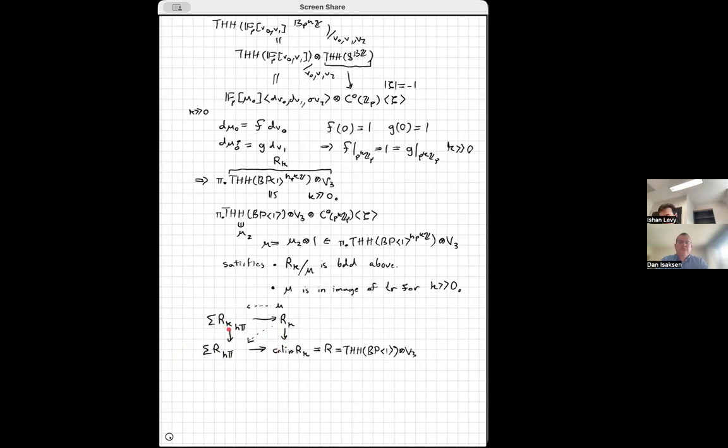But now the homotopy orbits commute with co-filtered colimits. And so the fact that you had a lift at the level of this colimit tells you that you have to have a lift at some finite stage. So for some k sufficiently large, and in fact all k sufficiently large, you're going to have a lift of mu, because the homotopy orbits commute with filtered colimits.